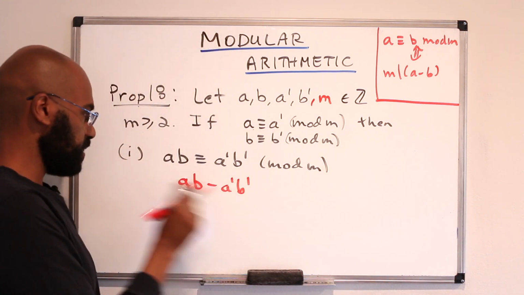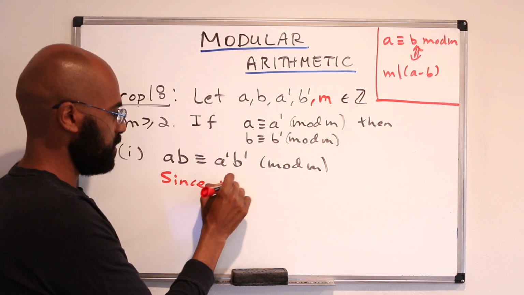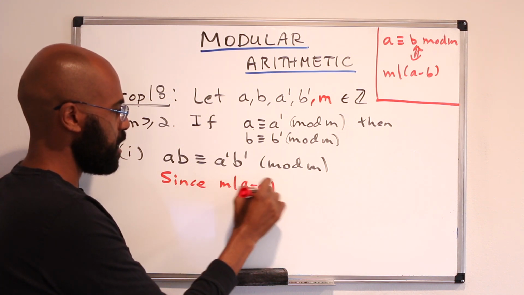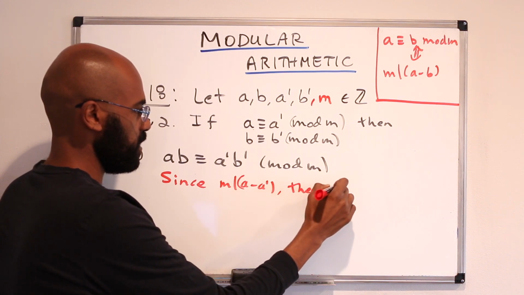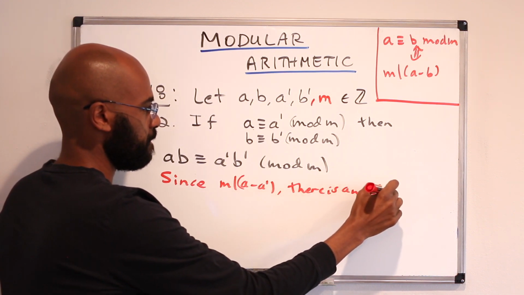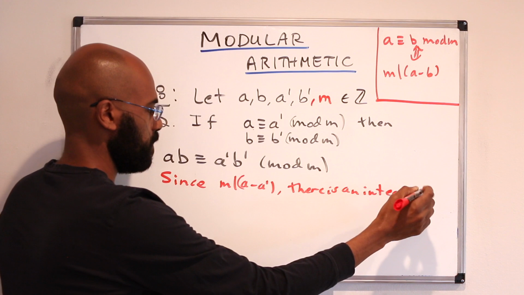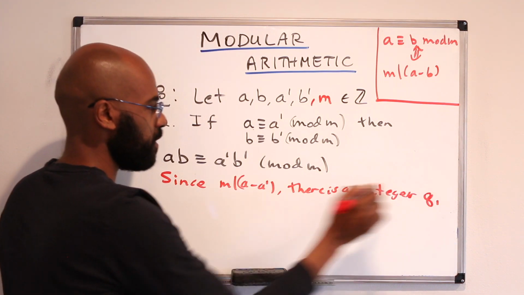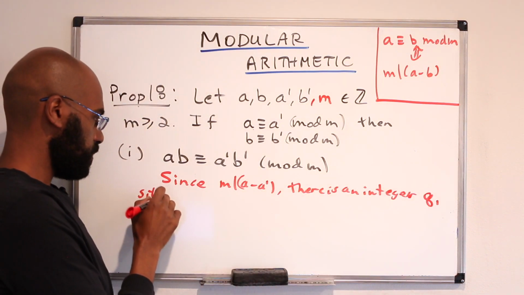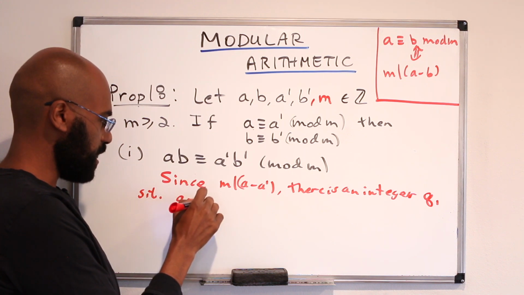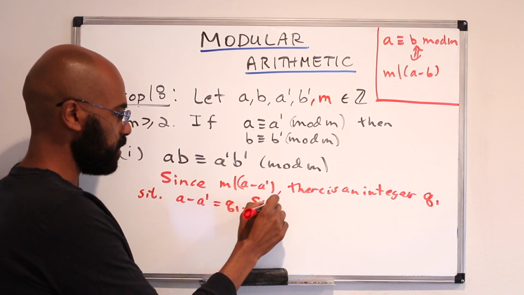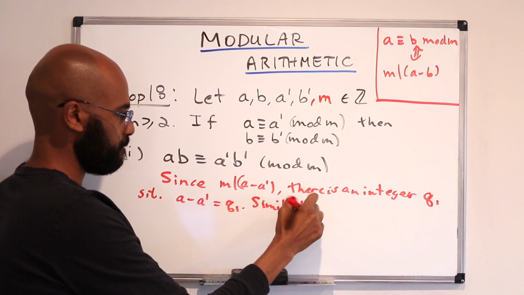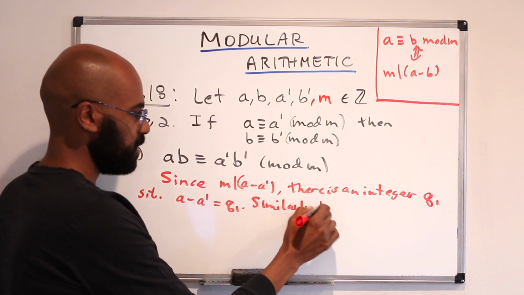We'll say since M divides A minus A prime, there is an integer, let's call it Q1 maybe, such that A minus A prime is Q1 times M. Similarly, you can do the same thing with the B's.